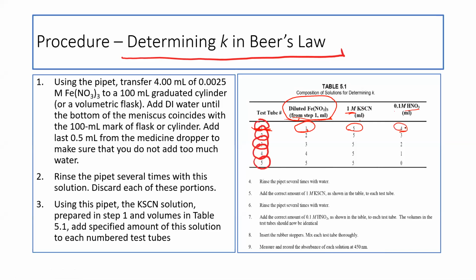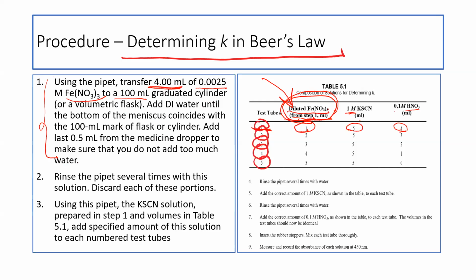It says diluted iron nitrate from step 1, which means we will have to prepare this solution using this step. We will transfer 4 milliliters of 0.0025 molar solution of iron nitrate to a 100 milliliter graduated cylinder and add water till the mark. That's our first step in preparation of the diluted solution.